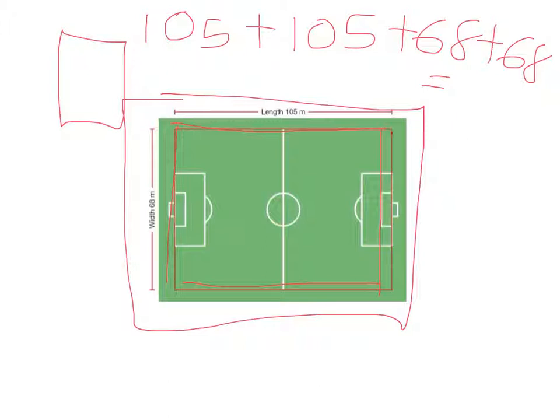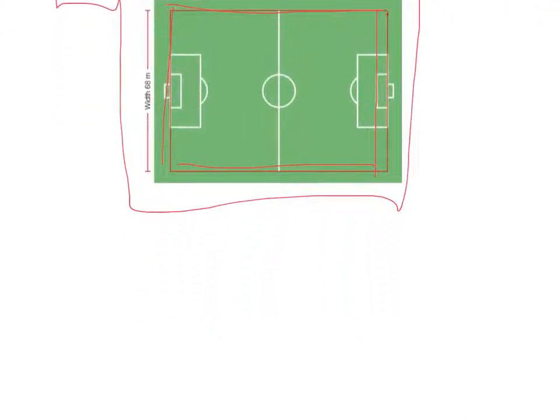Okay. Another way which we can do it is we can say, let's just move ourselves up a little bit, perimeter equals, okay, and when we start doing this, I want you to actually say which formula you're using.